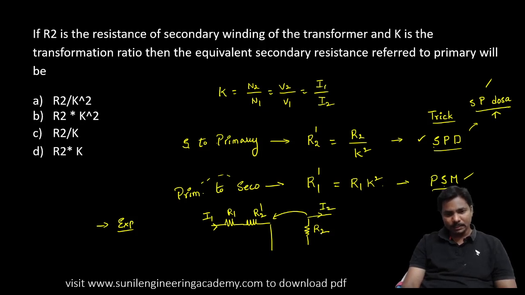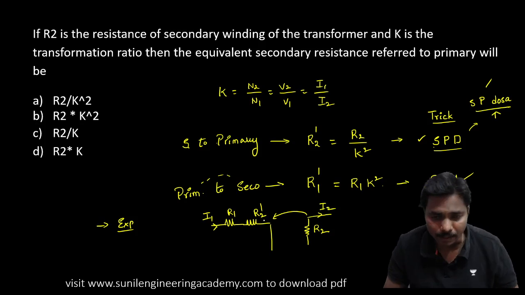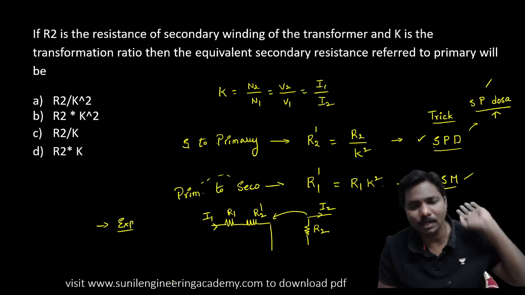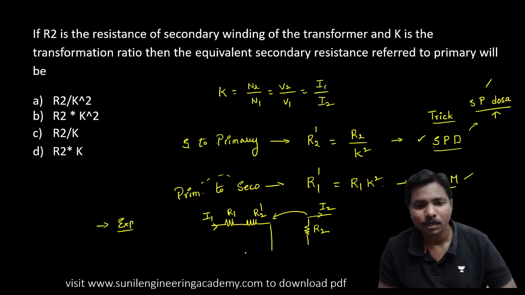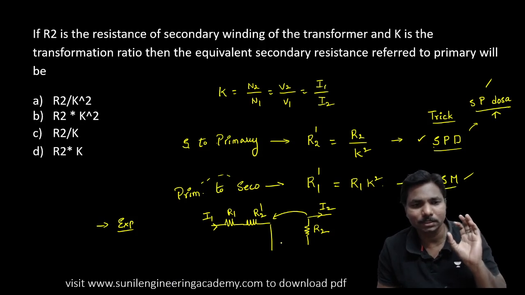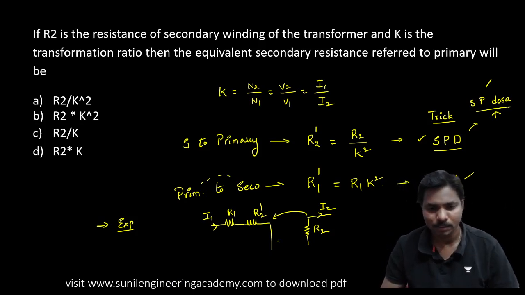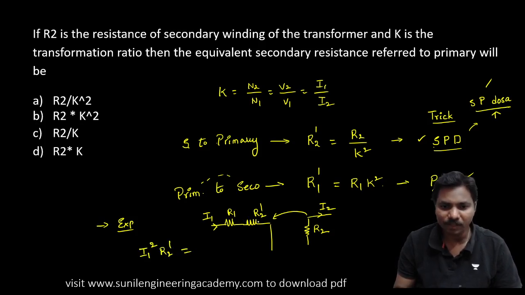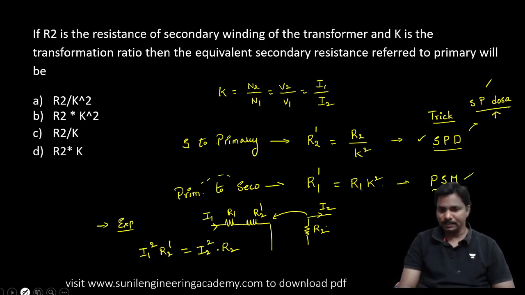Whether the resistance is in the secondary or in the primary, the power losses are the same. So if it is in the primary side, primary current I1 square into R2 dash is equal to, if the resistance is in the secondary side, secondary current I2 square into R2. So losses are always the same.